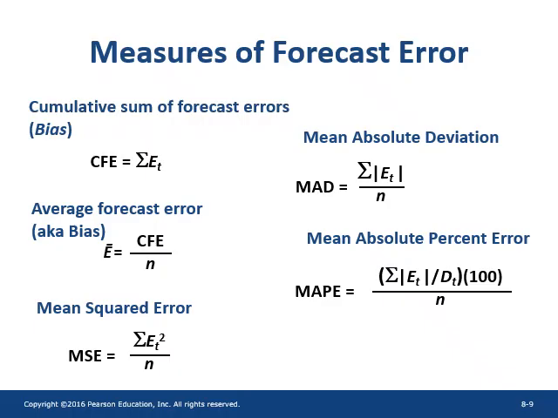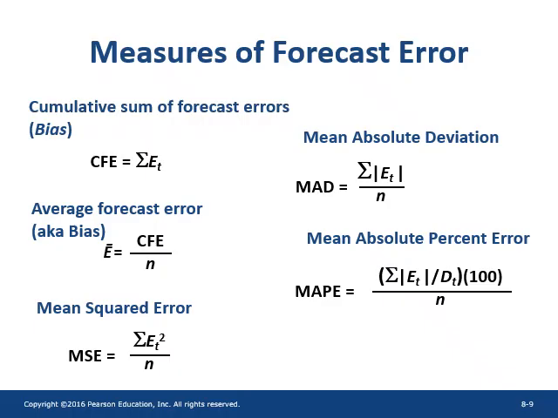There's also something that gives us the same kind of information that we would call mean forecast error. Your book here calls it E bar. I might just call it MFE for mean or average forecast error. If you know the number of error terms you're using, you can calculate the average of the error terms.